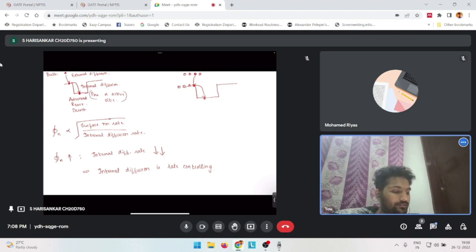And this step, this internal diffusion, is very slow. But after diffusing, when the reaction happens, that is a very fast step.